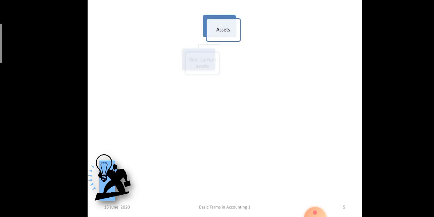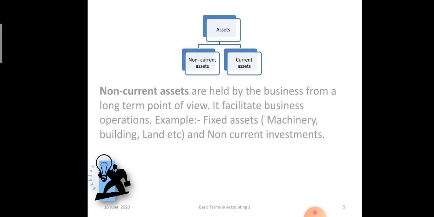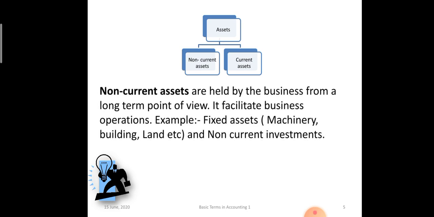Assets can be further classified into non-current assets and current assets. There are many more classifications, but here in the first chapter, in the basic accounting terms, we are not going into details. Non-current assets are held by the business for a very long period of time.